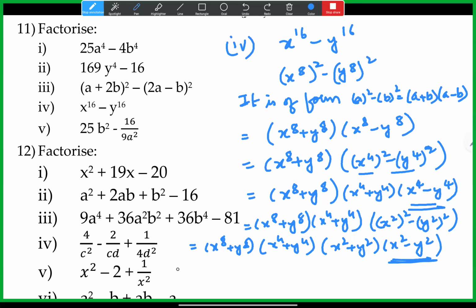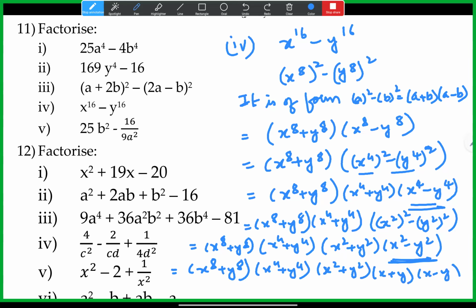The remaining parts we write as it is. This will be the final step: x power 8 plus y power 8 into x power 4 plus y power 4 into x square plus y square into x plus y into x minus y. This is the final factorized form for this question.